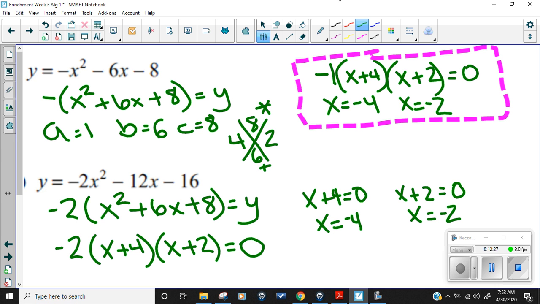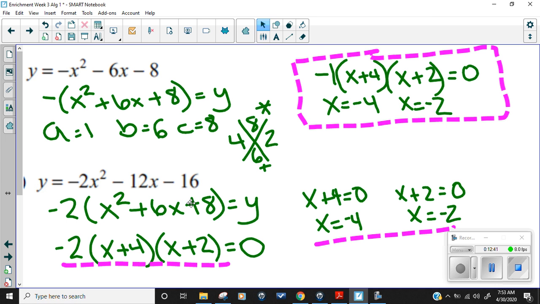So I get the same answers for x as I do in the last one, but what's different is the factor. The factor is this. That's telling me these two graphs, when they're graphed, have the same x-intercepts, but parabolas can be wider or more narrow, so that's what's going to be different about those.